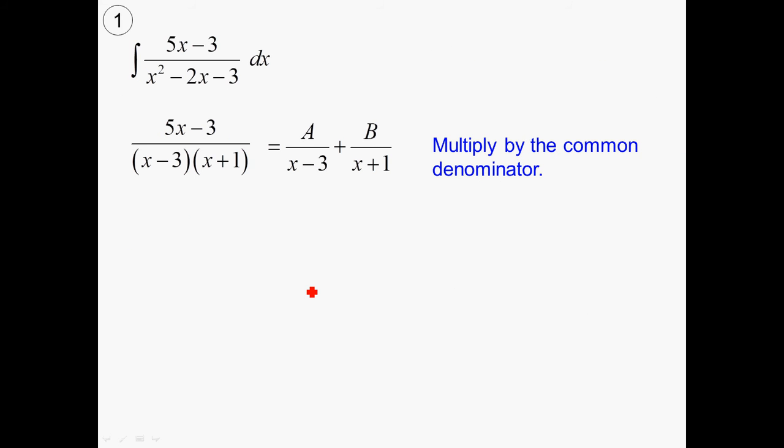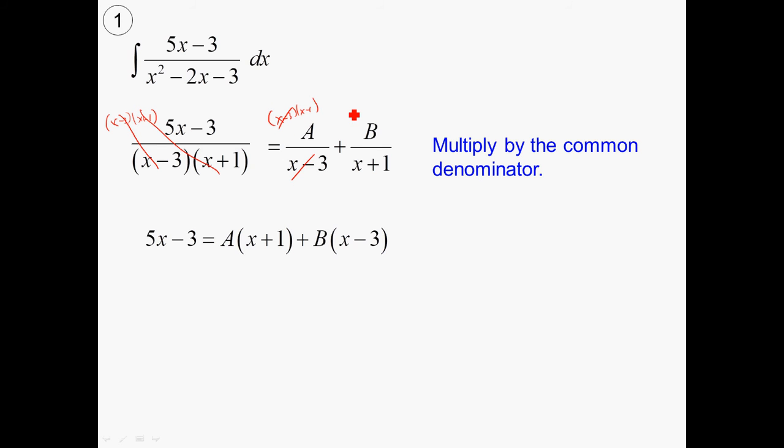So since I have an equal sign, I can multiply by whatever I want. So I'm going to multiply through by the common denominator to kill my fractions. I'm going to multiply this side by x minus 3 times x plus 1, which means bam, bam. I'm going to multiply this by x minus 3 times x minus 1, this term.